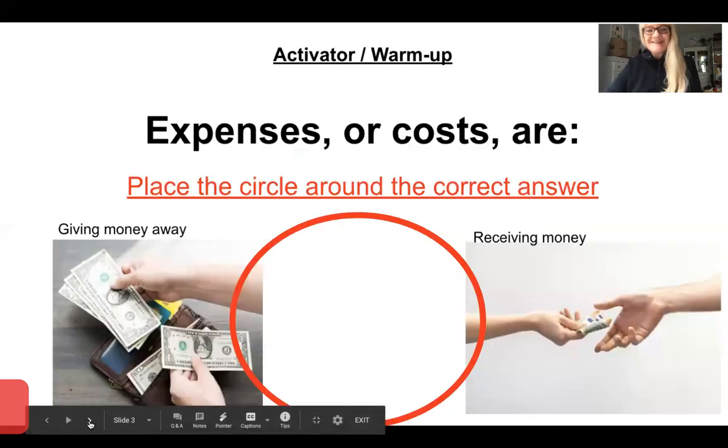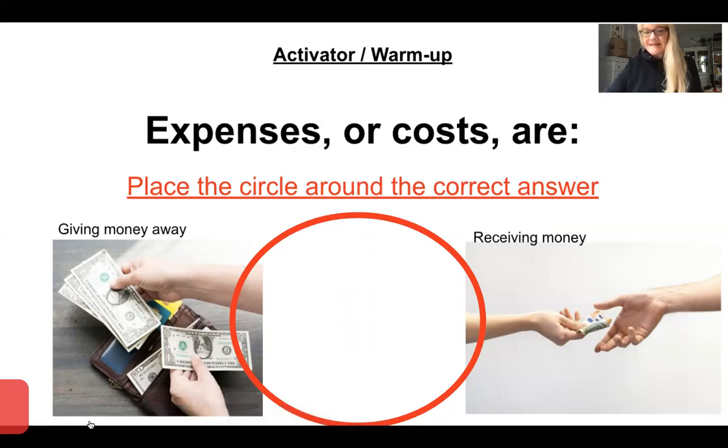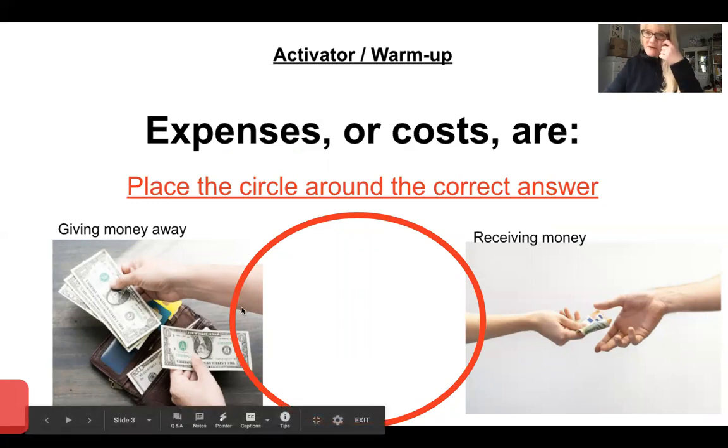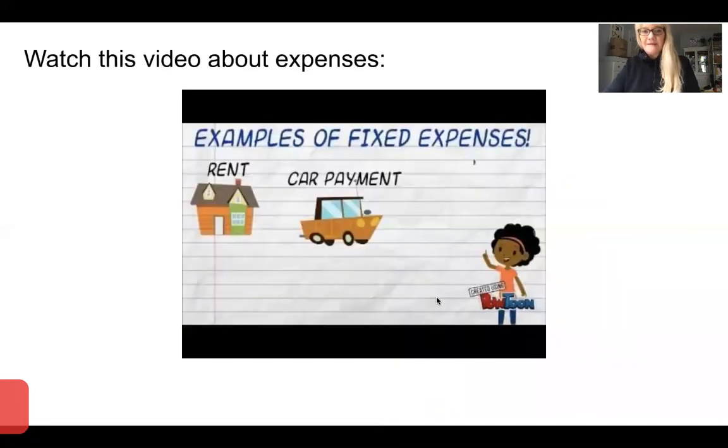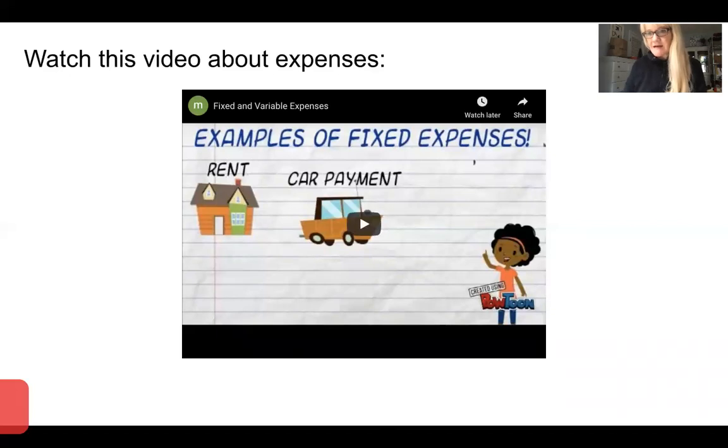Sorry. So you're going to pause your video in the slides, and when you're doing this on your own, you're going to move the circle to either giving money away or receiving money. Okay. Now, on your own, when you're looking at the actual slides, not right now while I'm showing you, you're going to watch this video. It's a really cute video about fixed and variable expenses.